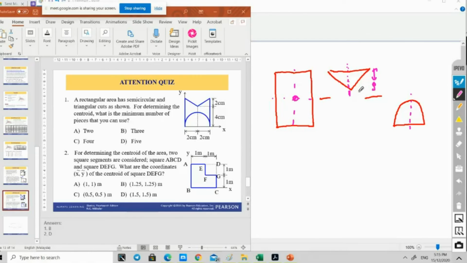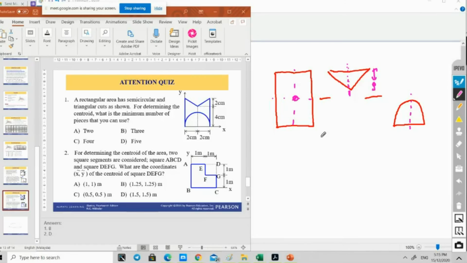So that doesn't even need to be calculated. You can just see it is symmetric, because that's one of the concepts that we cover in this slide: when something is symmetric, the centroid will always be on that symmetric line. Is it clear?